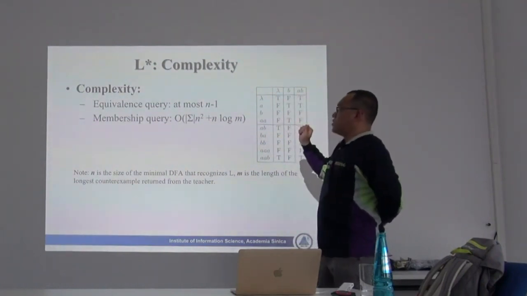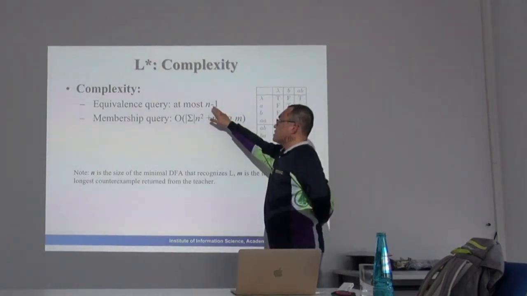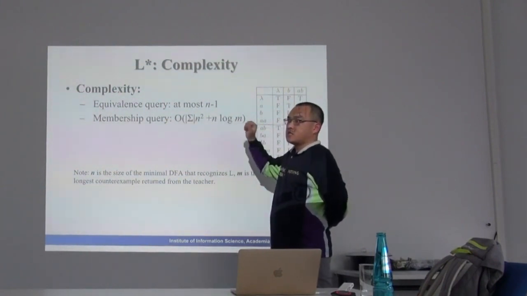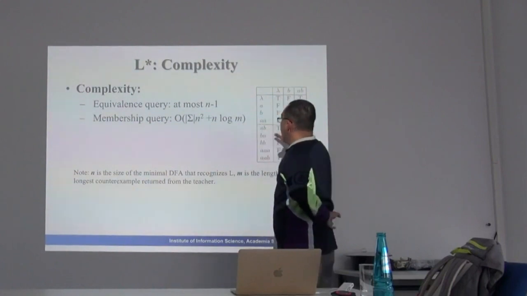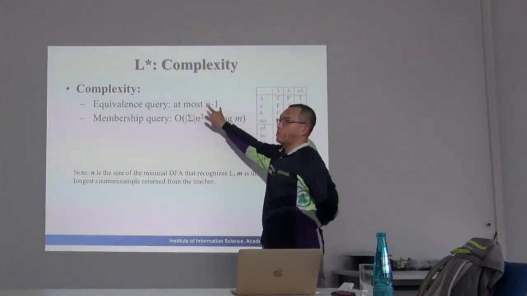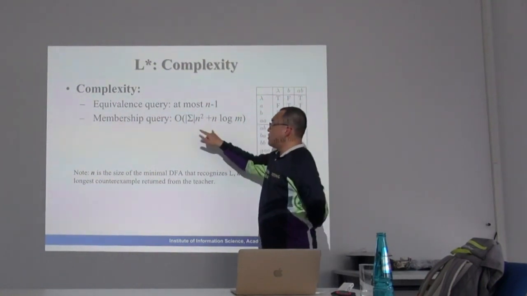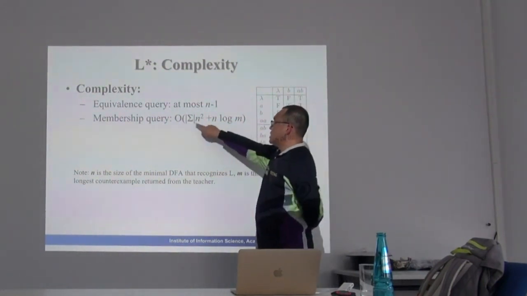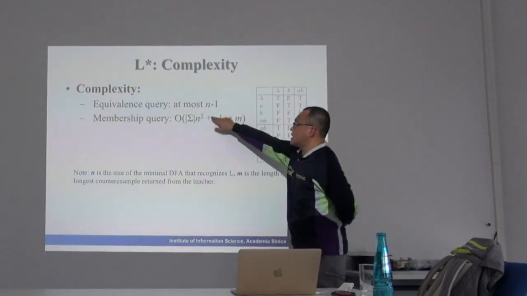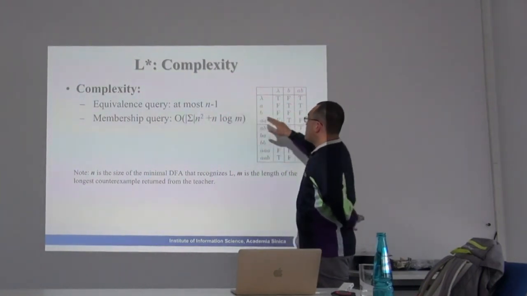So if the minimum automata recognizing the language L has n states, we can guarantee to converge to the automata using at most n-1 equivalence queries. And for membership queries, we need at most this number to fill in the table. And this part is for extracting suffixes.